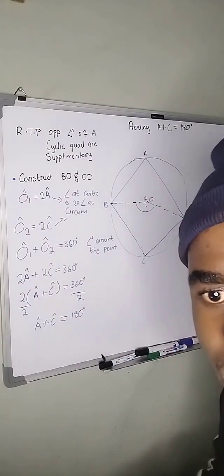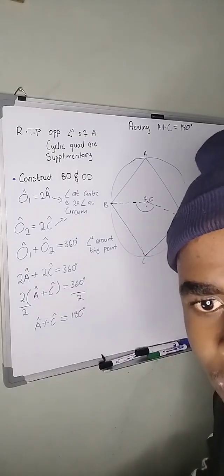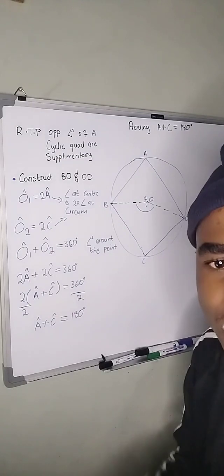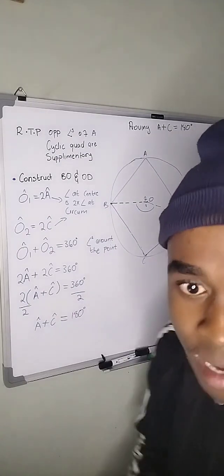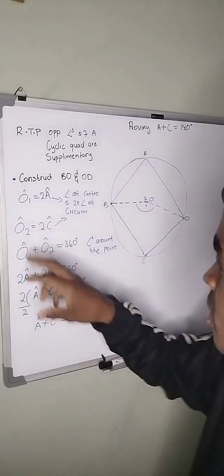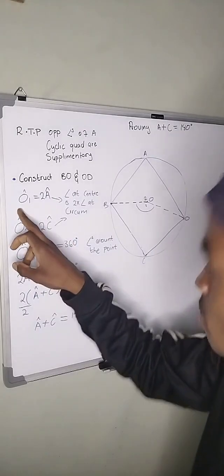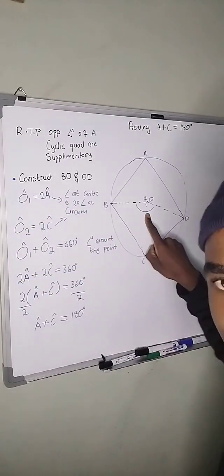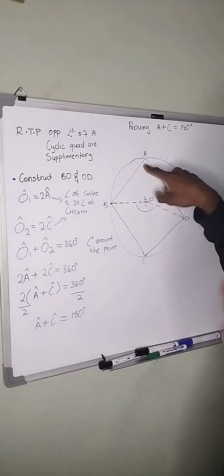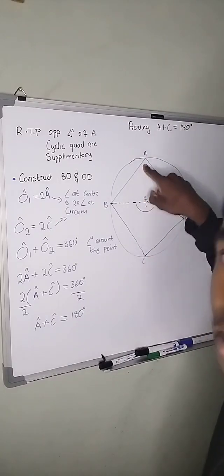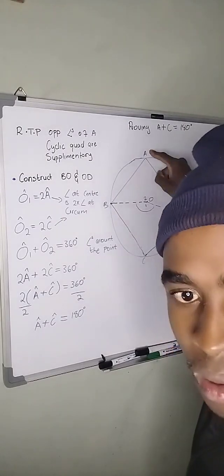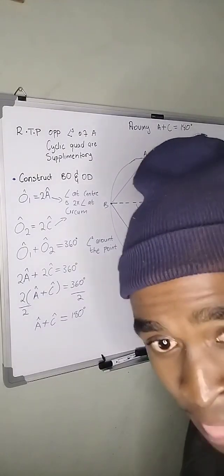But I'm saying O2 is 180, then if we would say the angle A. No, don't miss a point, my boy. Look, O1 is going to be equal to 2A. Reason being, the angle at the center is twice the angle at the circumference. But it doesn't mean this angle is 90 degrees.